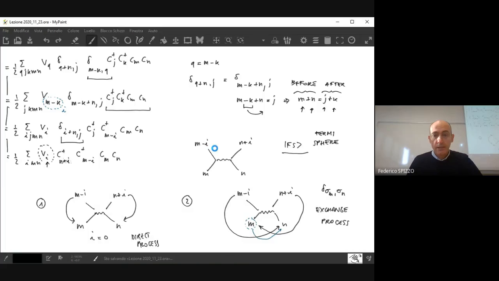This situation resembles the one we obtained when we considered the Hartree-Fock calculation of the electron-electron interaction.